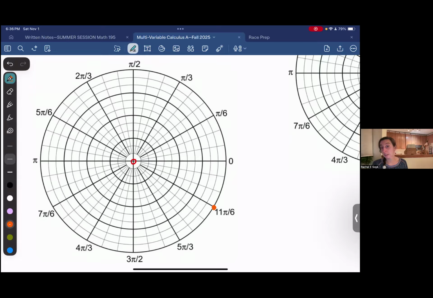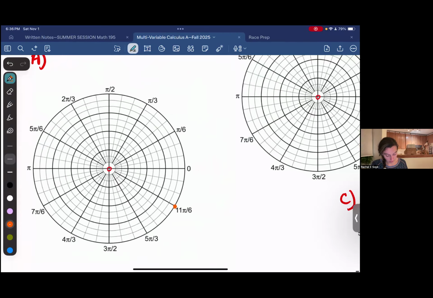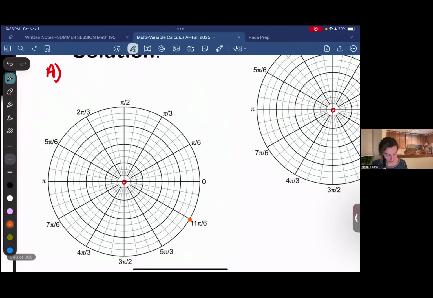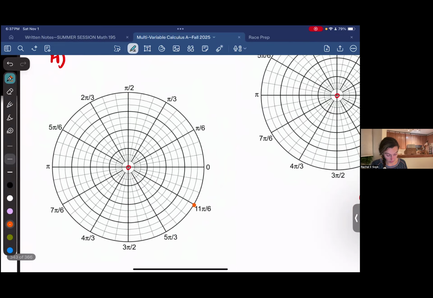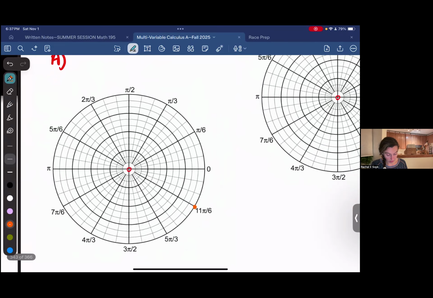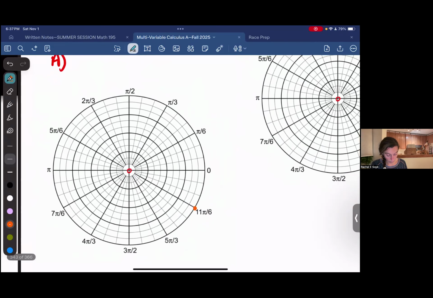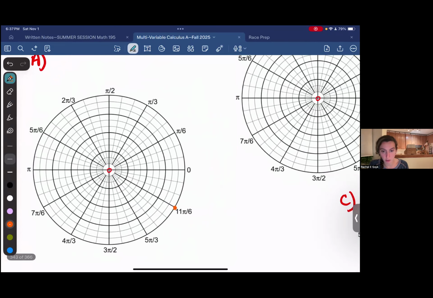All right, at 11 pi over 6. Which, that doesn't seem right because 5 pi over 3 is 10 pi over 6. So our units, I think, are a bit off.